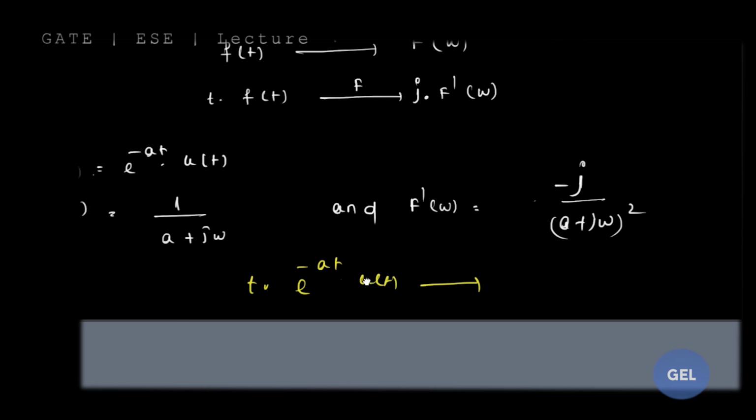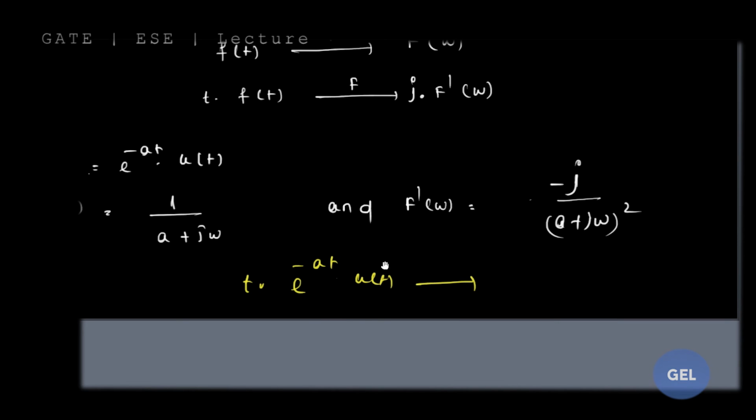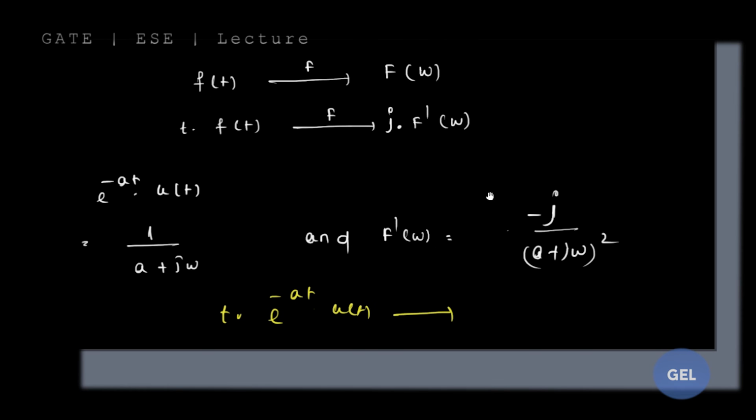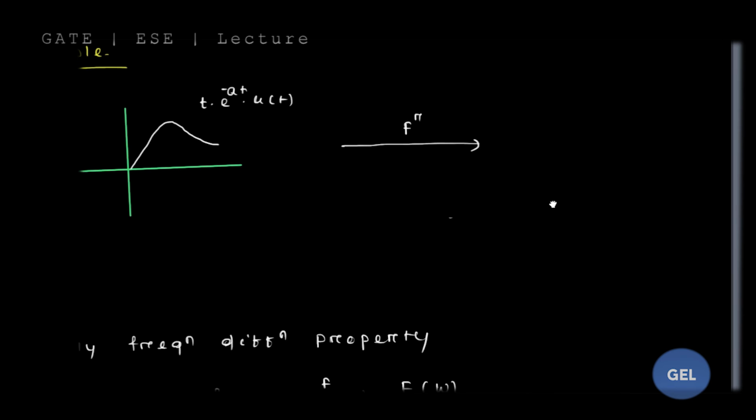The Fourier transform will be j into F dash(omega), which is nothing but 1 by (a plus j omega) whole square, and its graph looks something like this.